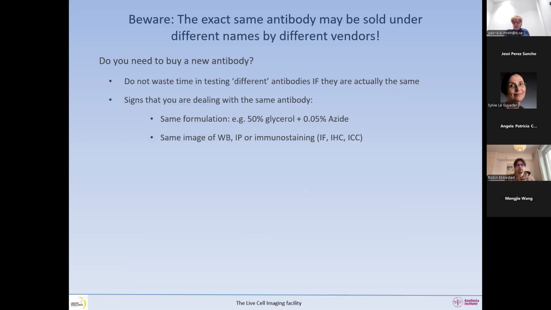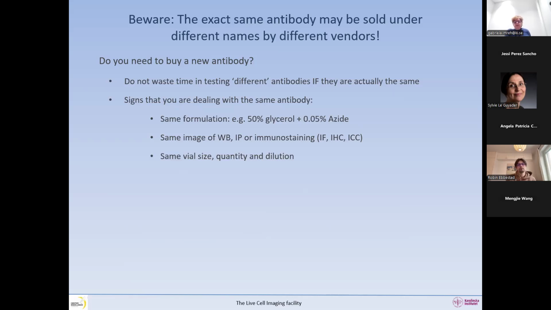If you see the same Western blot or immunoprecipitation or the same immunostaining images, something cannot be right. So you compare your old data sheet with the data sheet of your new antibody. How can they be exactly the same if it's a different antibody?